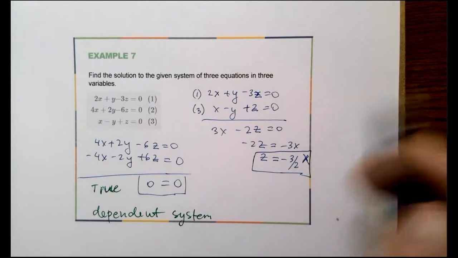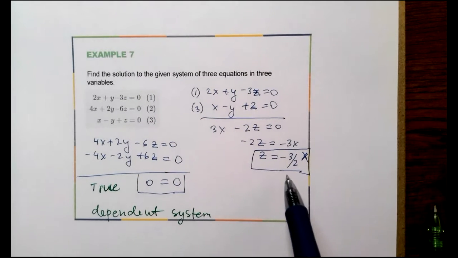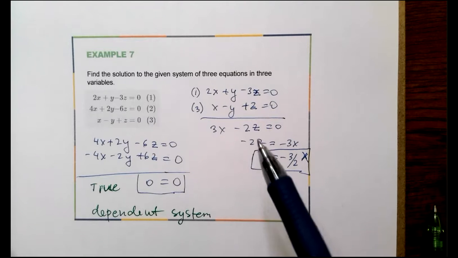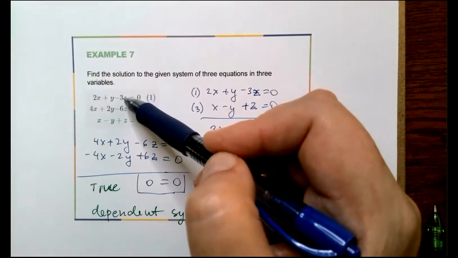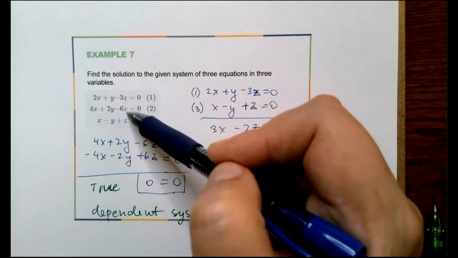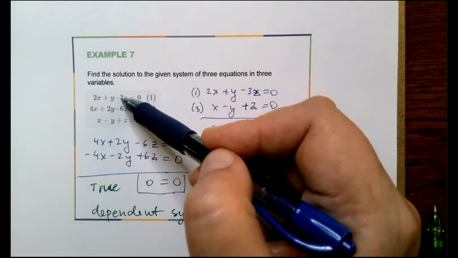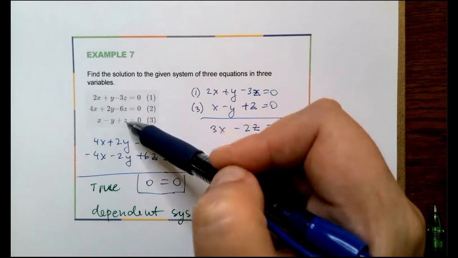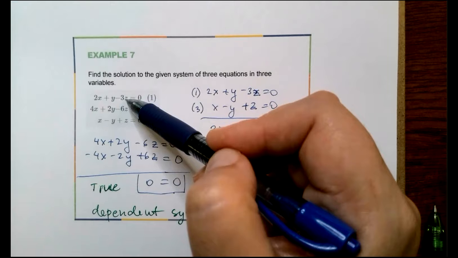Now I have an expression of z in terms of x. Now I'm going to do the same for y. In order to solve for y, I need to eliminate z. I need something that will give me only x and y. Here, again, I have negative 3z, and I could multiply by negative 2 to get a 6 and match it with negative 6, or I could multiply the third equation by positive 3.